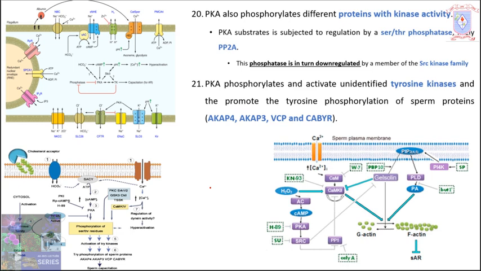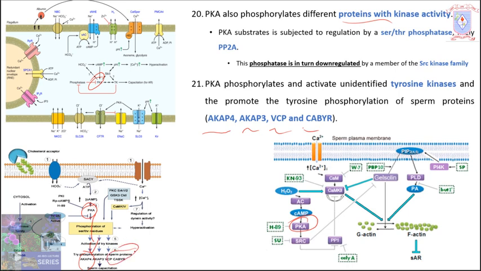And this PKA also phosphorylates other proteins with kinase activity. Here you can see the action of PKA, isn't it? PKA activates other proteins named AKAP4, AKAP3, VCP, and CABYR.